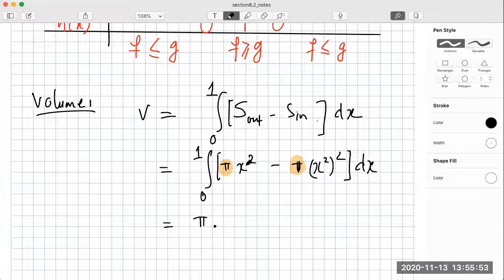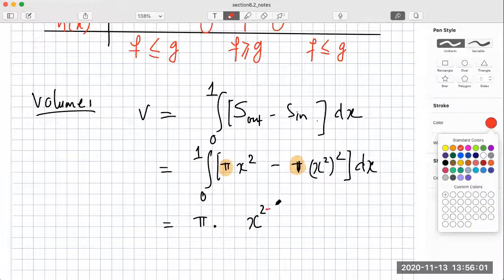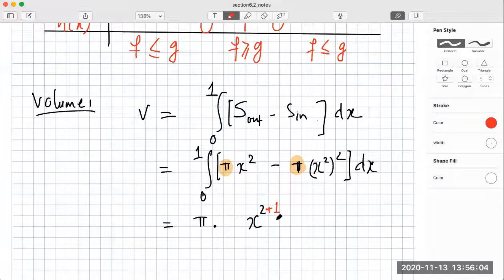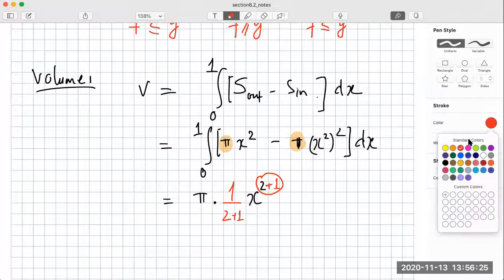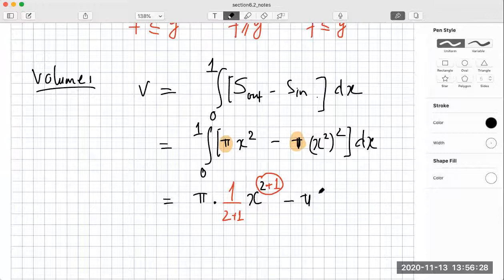Looking for the antiderivative of x squared, we add 1 to the power of that function, and then we multiply with a fraction where the denominator is the new power, so that when we take the derivative, these two will cancel each other. And similarly, minus pi, this is x to the 4th, right?